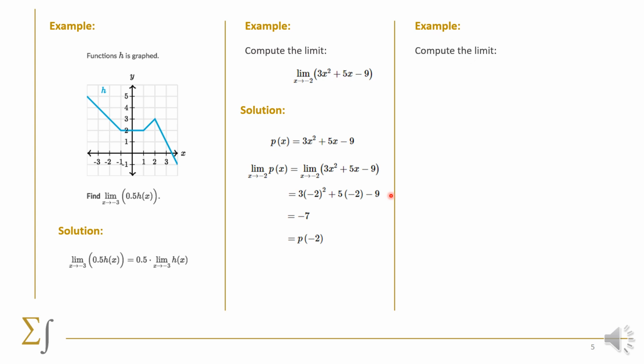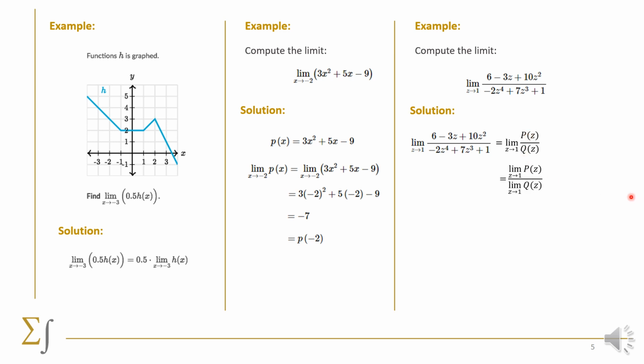Now we do another example, compute the limit. We have a fraction, so a rational function. In the numerator, there is a polynomial, and in the denominator, there is another polynomial. We want to calculate the limit as z goes to 1. So we take this to be equal to the limit of a polynomial p divided by a polynomial q.